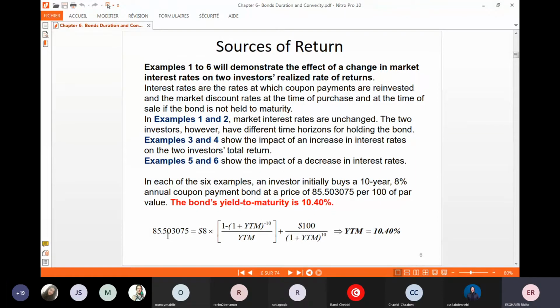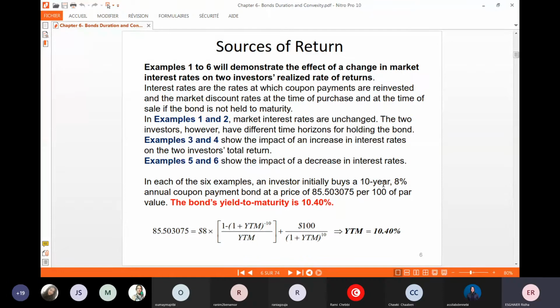Now look at linear interpolation. We try different values of the denominator, and with linear interpolation we find a yield to maturity of 10.4%. This is the expected return on this bond.